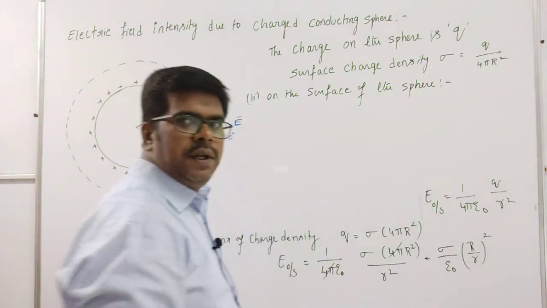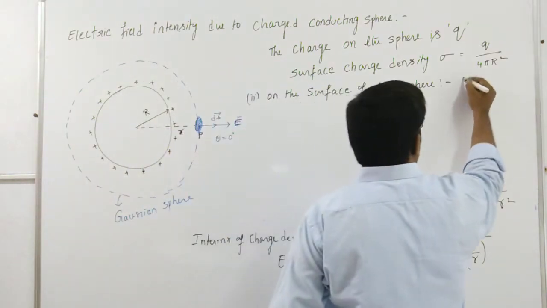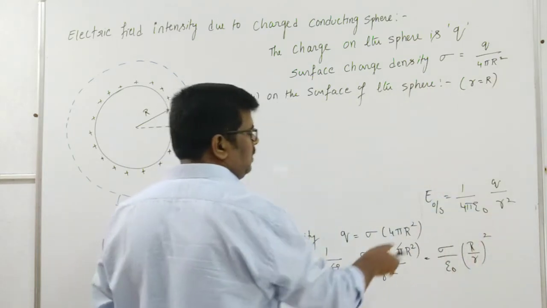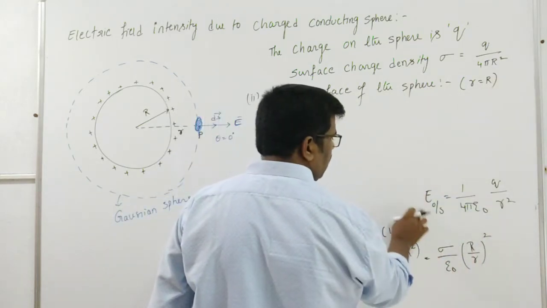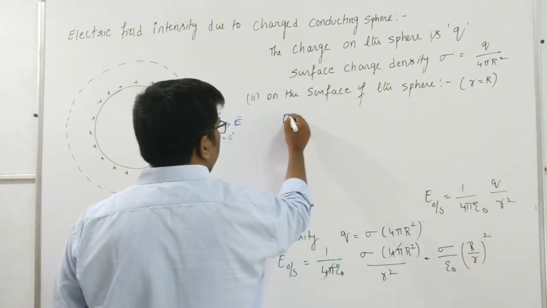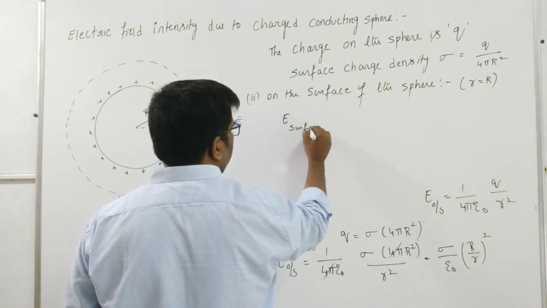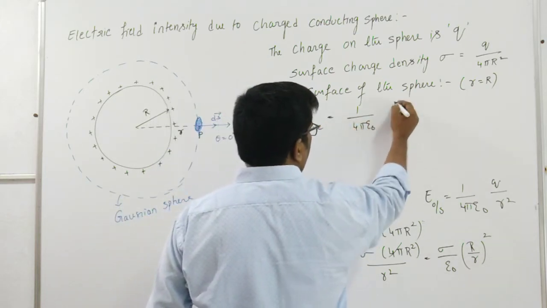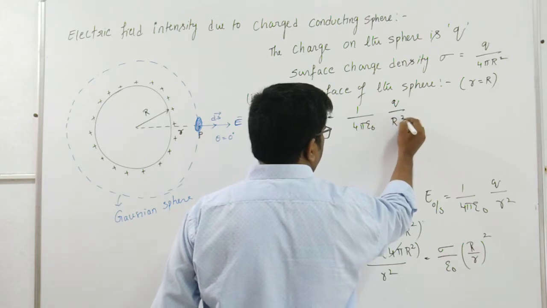On the surface of the sphere, small r is equal to capital R. So this is actually the outside expression; directly, in place of small r, if you write capital R, what is the expression on the surface? On the surface you can write 1 upon 4 pi epsilon naught q by R square.